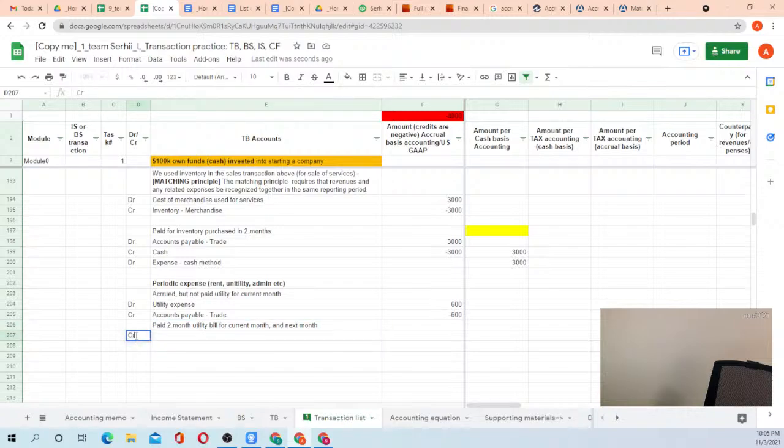And then let's assume we paid 2 months of utility bill. So let's start with credit cash, 1200 with a minus since this is a credit. So we paid the current month, so we need to debit trade accounts payable.